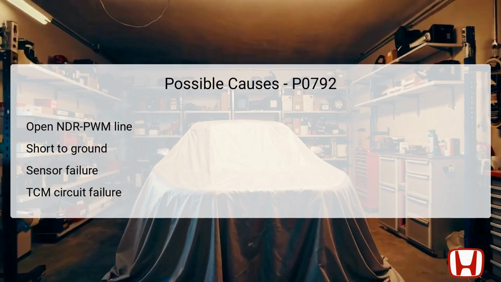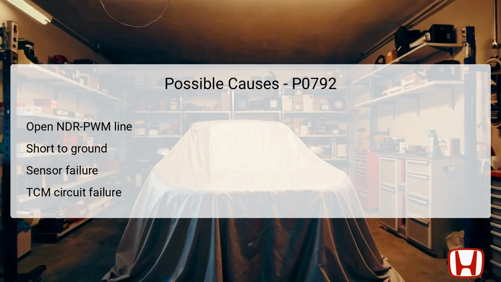Several potential causes may lead to the triggering of DTC P0792. First, an open NDR PWM line. A signal line used by the sensor can indicate a loose connection or disconnection, preventing proper signal transmission. A short to ground in the line can cause the sensor to send constant low signals or no signals to the TCM.